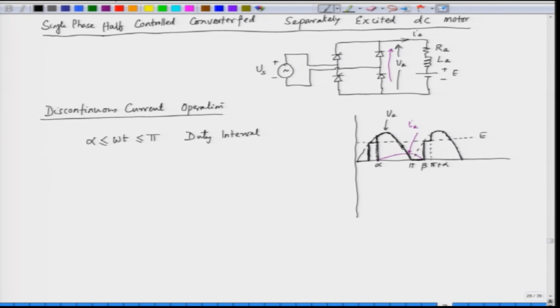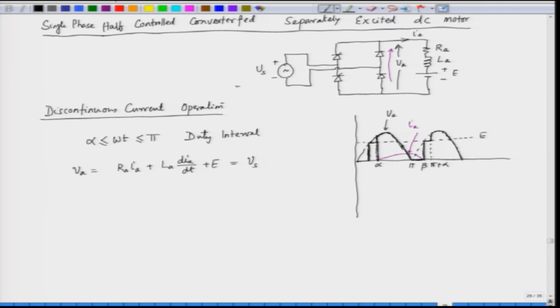So, we have an RLE circuit, with V A equal to R A I A plus L A dI A by dt plus E, and in the duty interval that is equal to V m sin omega t, or V s.